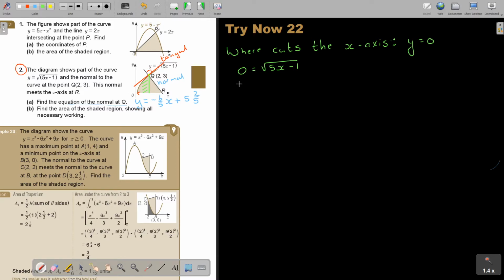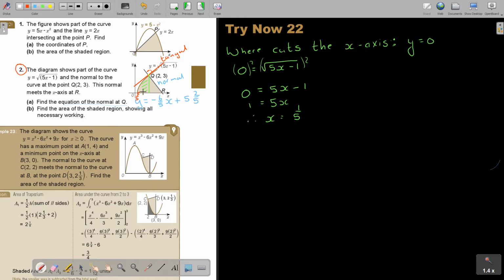If I square this side, doesn't matter, I'm squaring both sides. So it's just going to give me 0 equals 5x minus 1. So 5x equals 1. Therefore, x is equal to 1 over 5. Okay, so it cuts there, at 1 over 5.